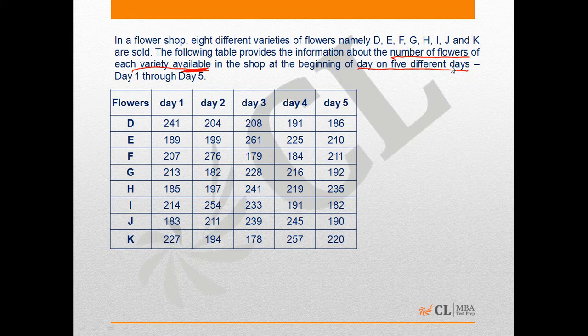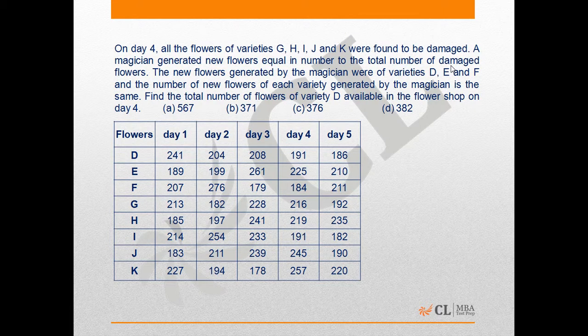Okay. If I read question 1, it says on day 4 all the flowers of categories G, H, I, J, K are damaged. The number of flowers damaged is 1128 in total if I add all these numbers.